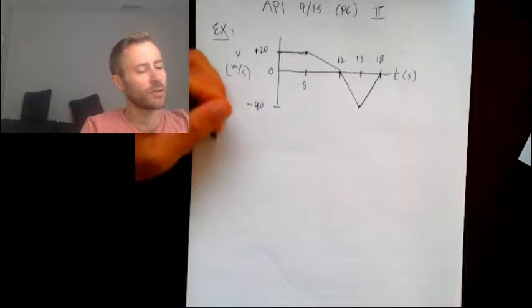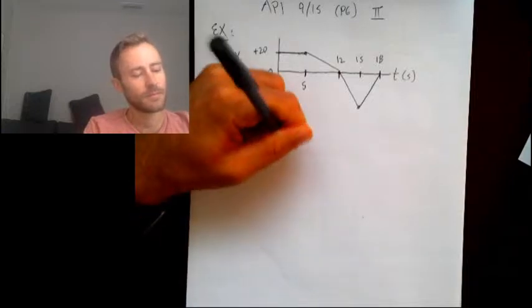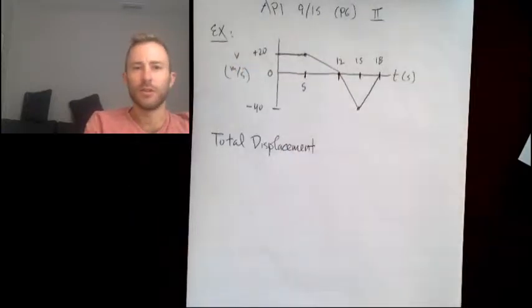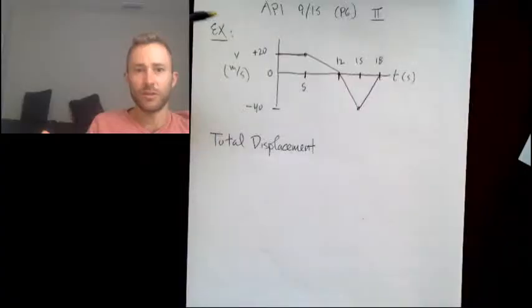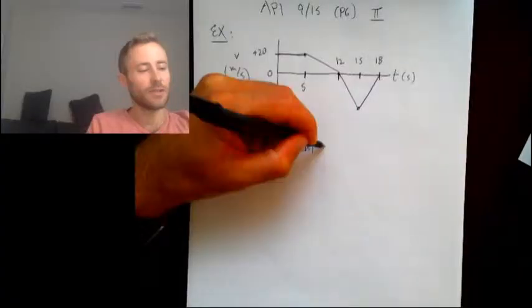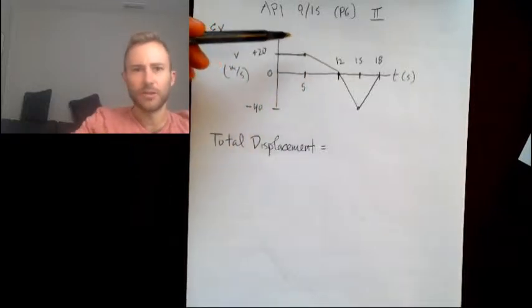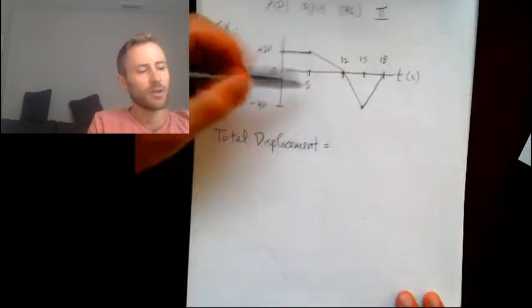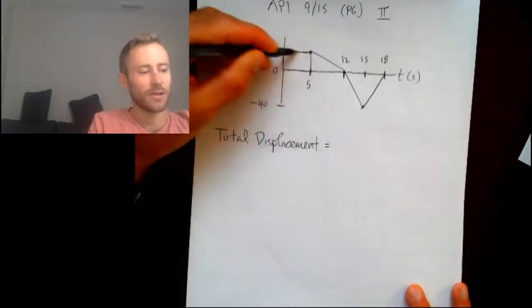So first of all, let's calculate. What is the total displacement? So this is a velocity time graph, so total displacement is the area under the curve. Now this area is a little bit complicated. So the way I think about this is I've got this rectangle right here.